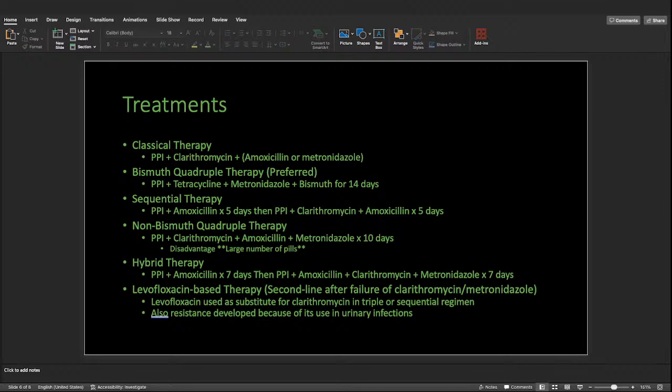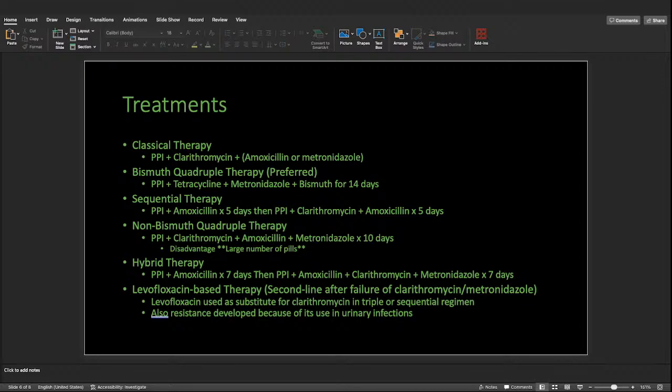If patients aren't able to take bismuth, this is another alternative. The only difference is that they'll probably have to take a large number of pills, which is the disadvantage here. It consists of PPI, clarithromycin, amoxicillin, and metronidazole for 10 days, so basically 3 antibiotics and a PPI.